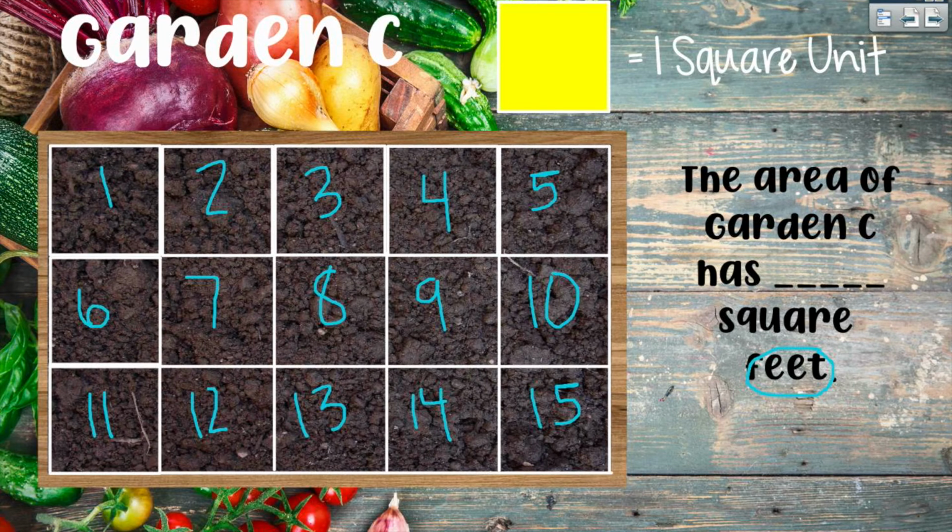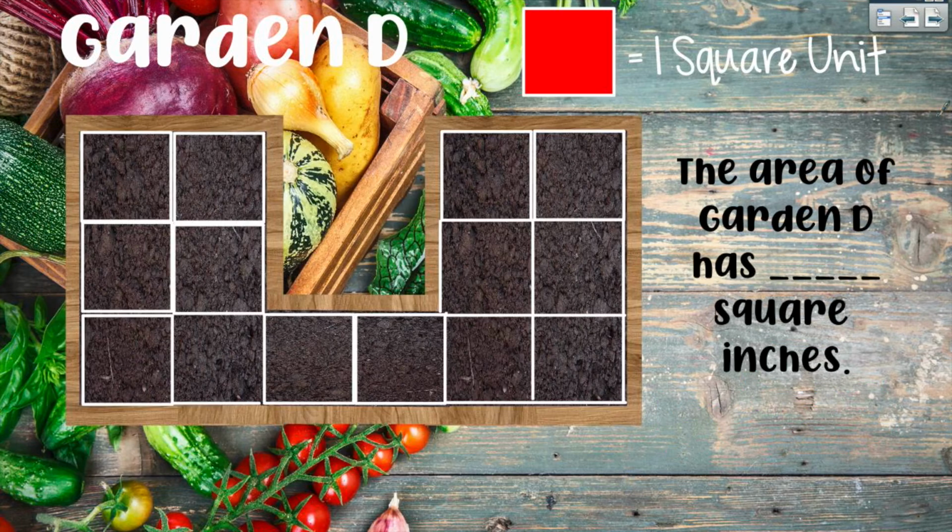So by doing this, I realized that 5 times 3 equals 15. So the area of garden C has 15 square feet. Fantastic work, guys. Let's move on to garden D.